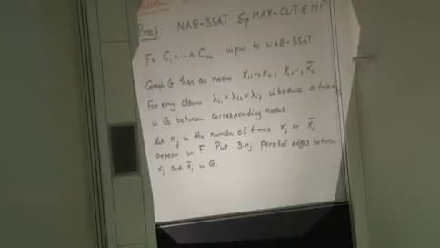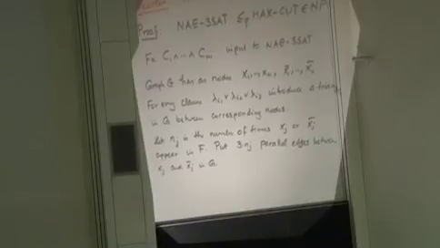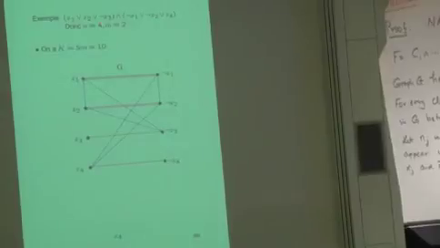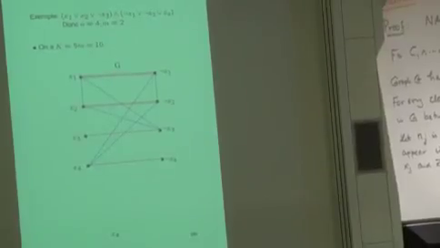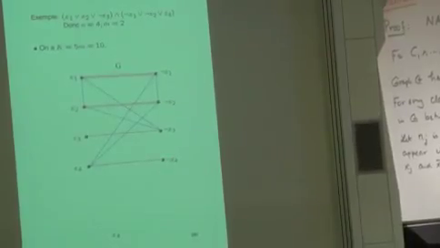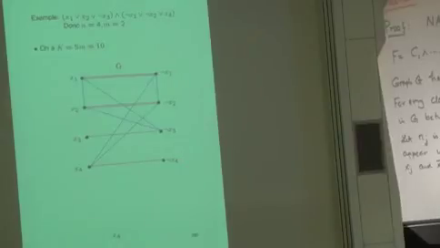So I'm going to put 6 edges between x1 and x1 bar, not 2. x2 appears twice, so 6 edges between x2 and x2 bar. Then x3 or x3 bar appears 1 time, so I put 3 edges between x3 and not x3, and 3 edges between x4 and not x4. So that would be my graph then. Okay?